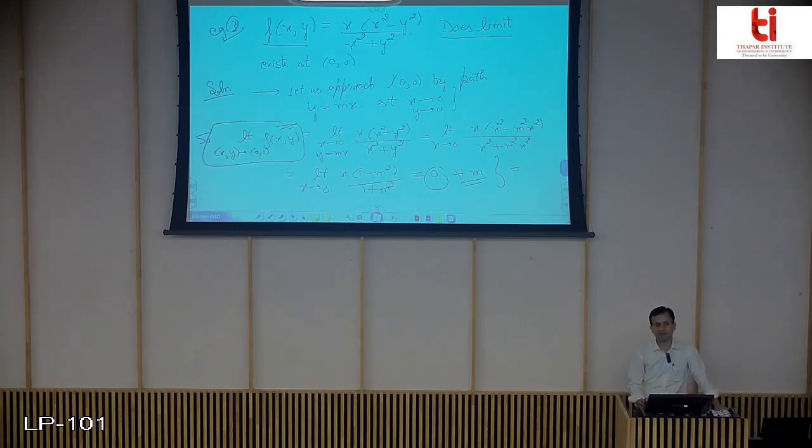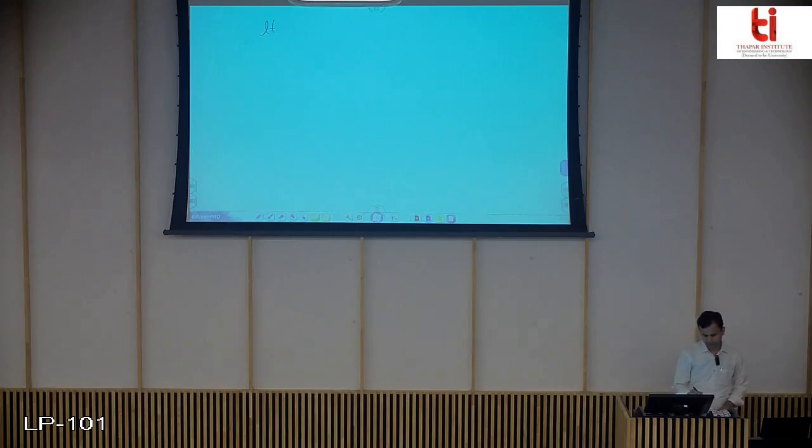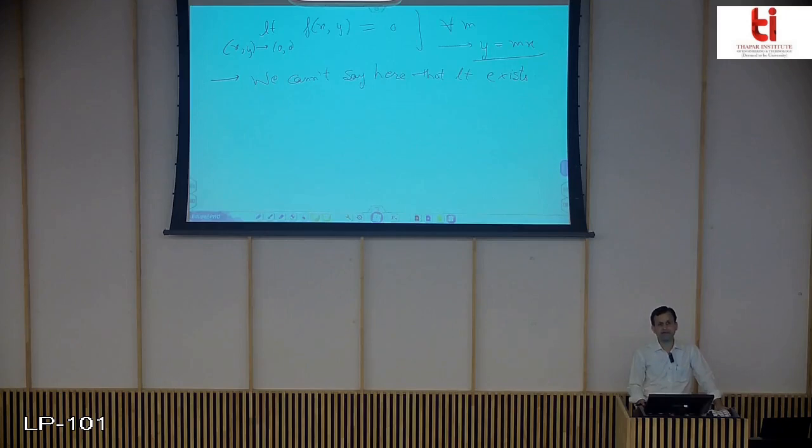Here I have got the limit of f(x, y) equal to 0 for all m, with the path y equals mx. Using the two-path test, at least in this case, we can't say that the limit exists just on the basis that our path y equals mx gives a limit which is finite and unique. Why is it so? Because there are infinitely many other paths for which we do not know whether the limit comes out finite or unique.